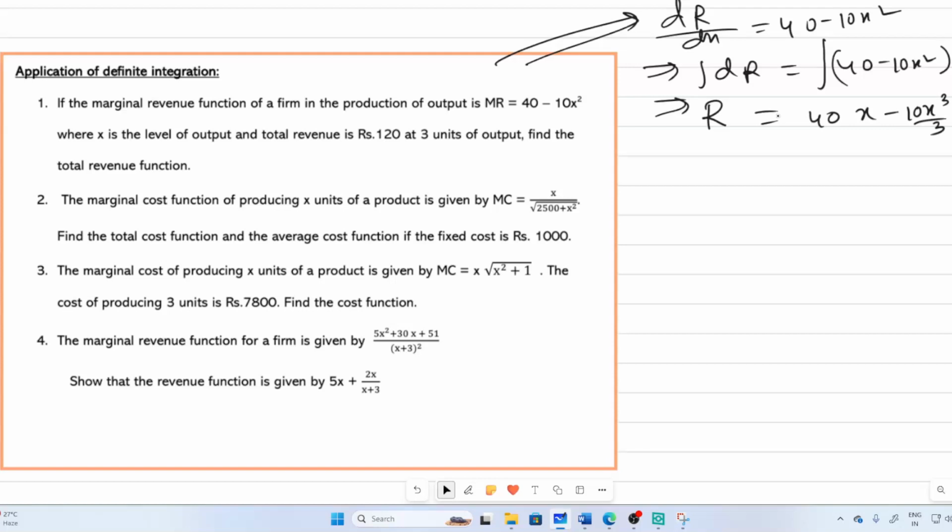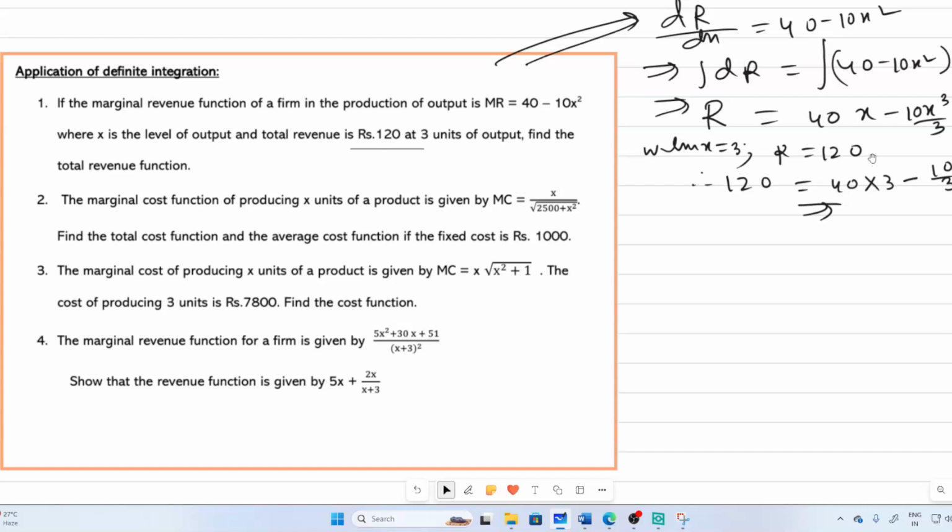This plus c you can get by using the information given here. When x equal to 3, you know R equal to 120. Therefore, 120 equal to 40 into 3 minus 10 by 3 into 27 plus c.